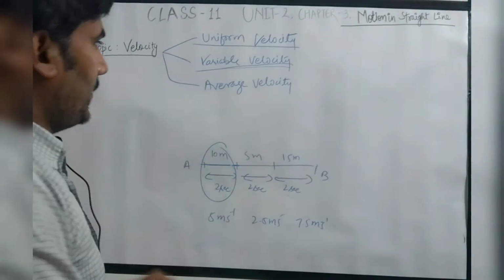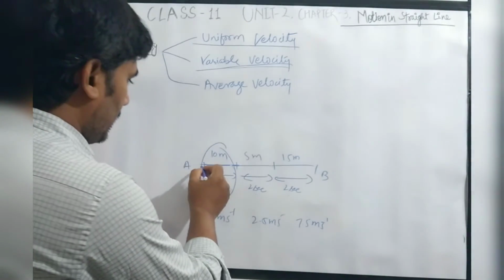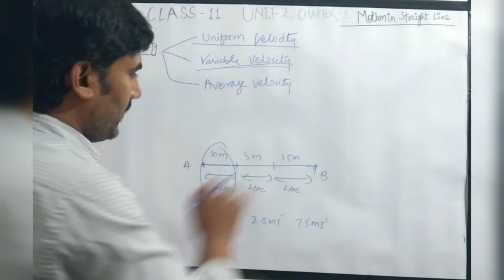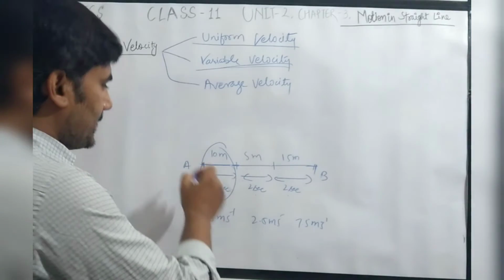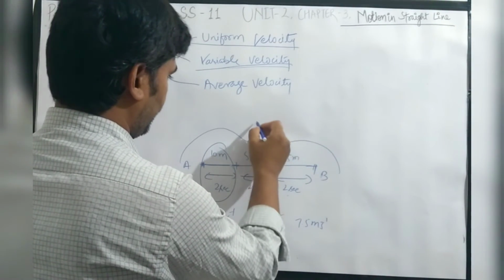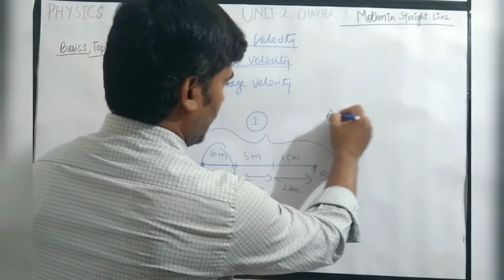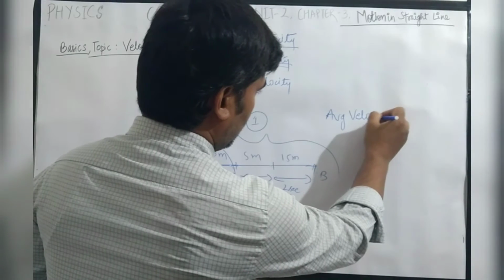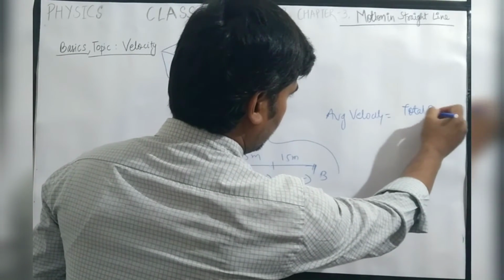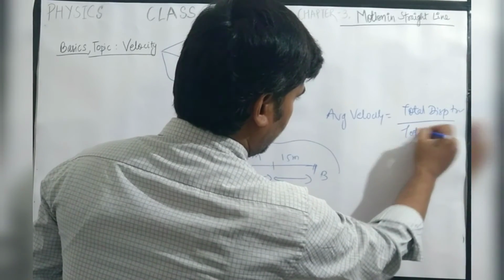After variable velocity, we are going to discuss average velocity. When we have variable velocity, if we consider the whole journey as one, then average velocity is total distance traveled upon total time taken.